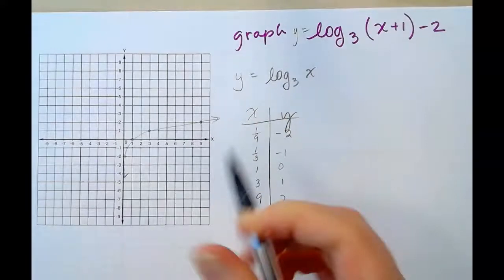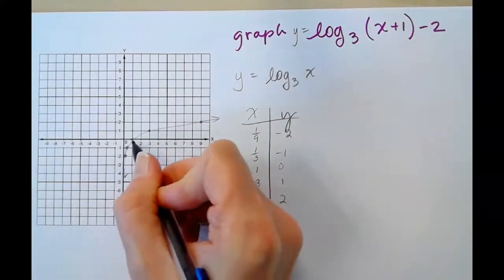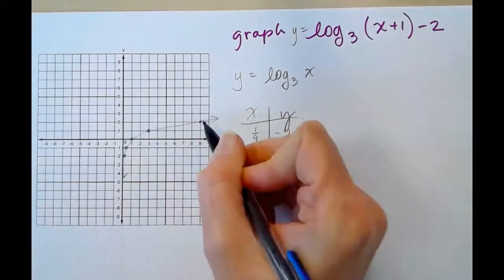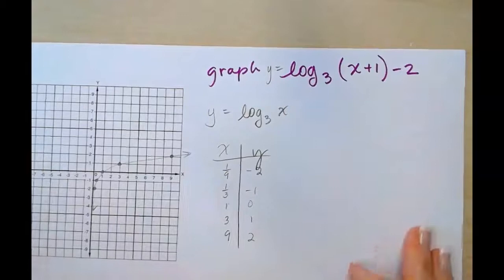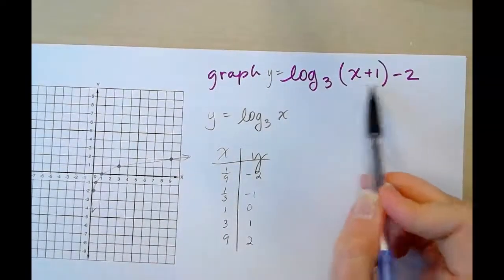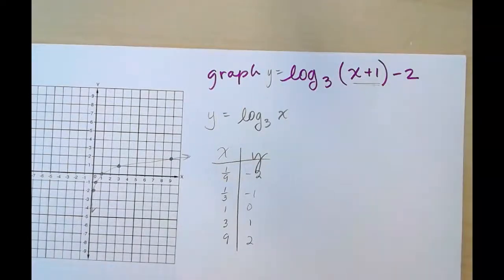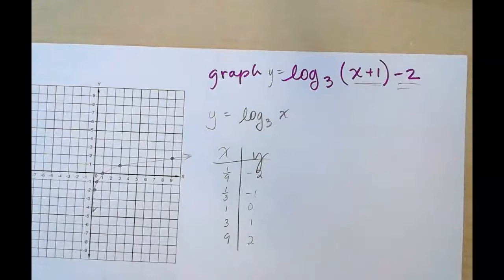Now, where are every single one of those points moving? Do you know? Well, what's that +1 right there going to move them? 1 to the left. And where's the -2 going to move them? Down 2.